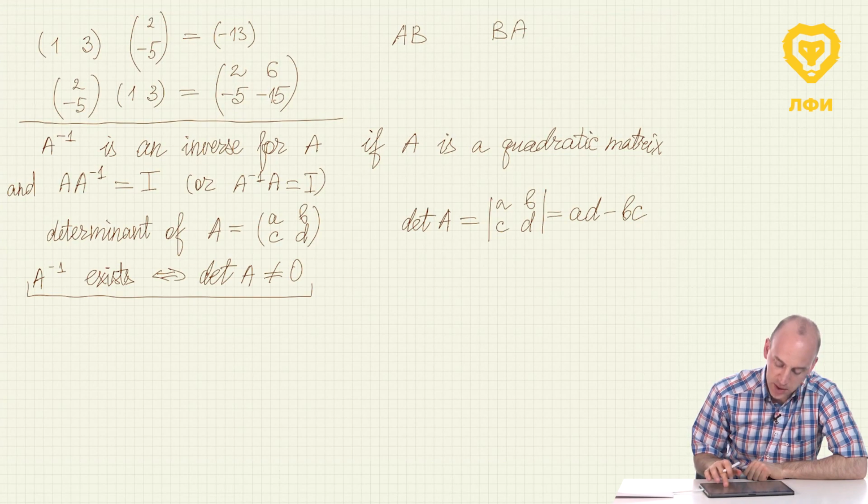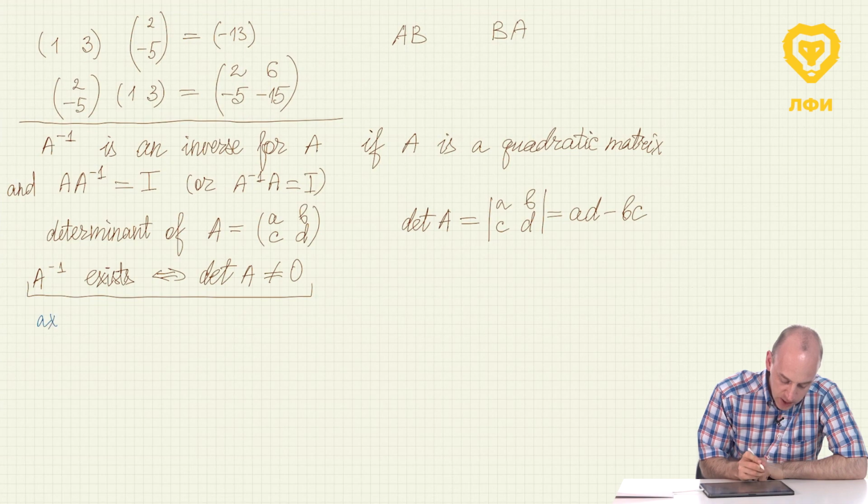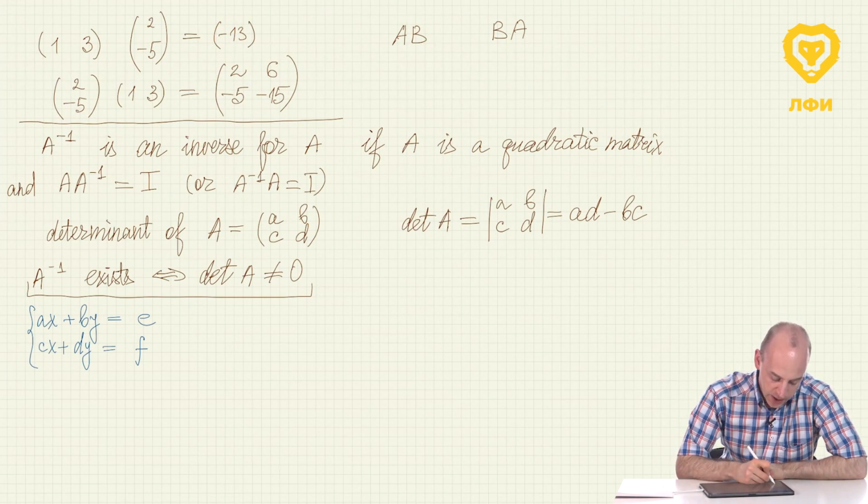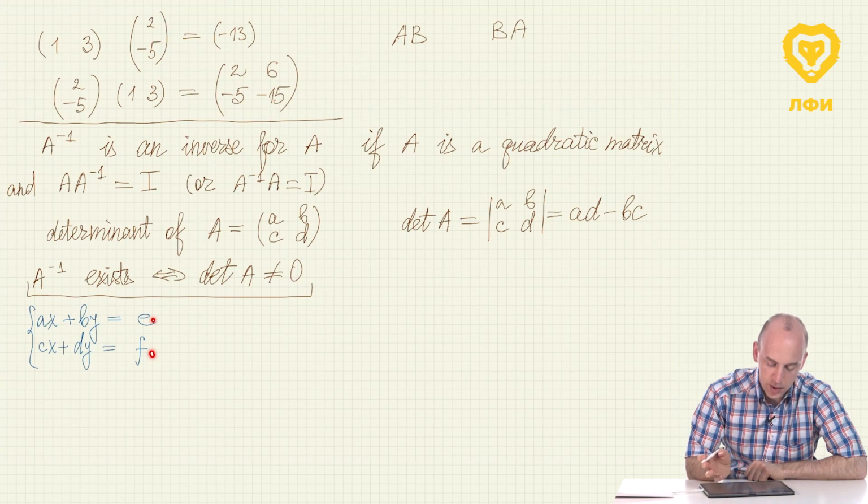First, let us consider another problem. So let's say we have a system of equations. A system of 2 linear equations where x and y are variables, a, b, c, d are coefficients of variables, and e, f are constant terms.